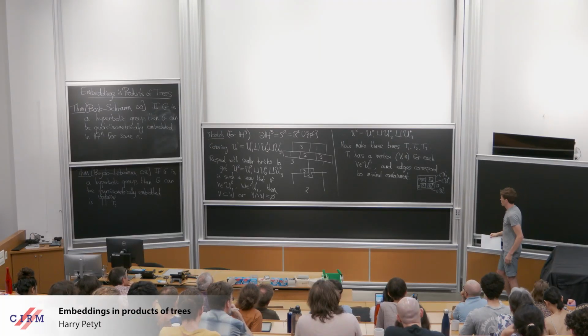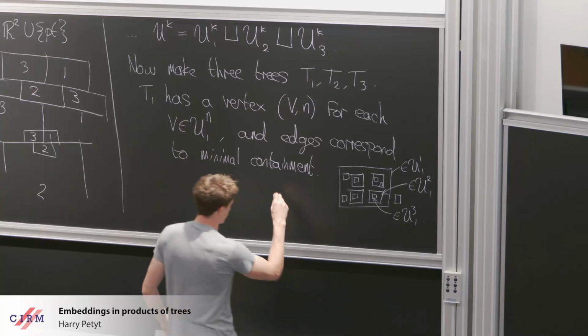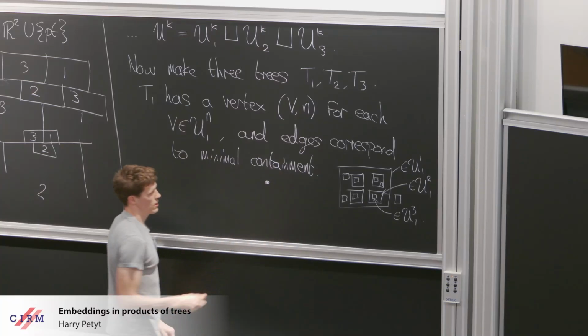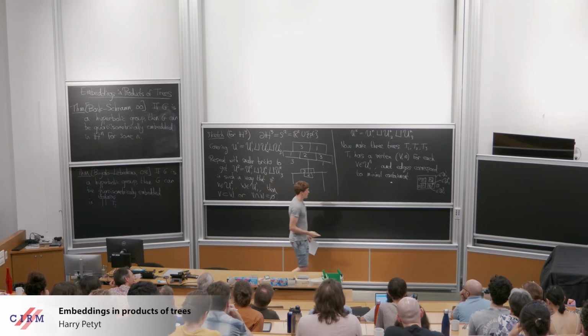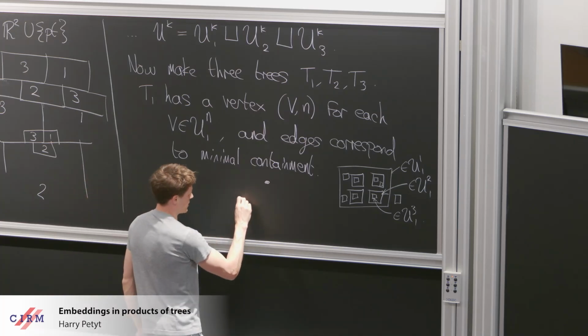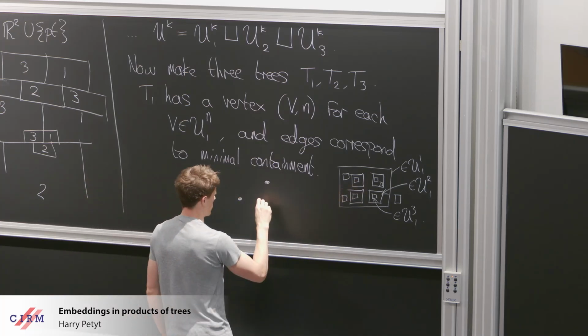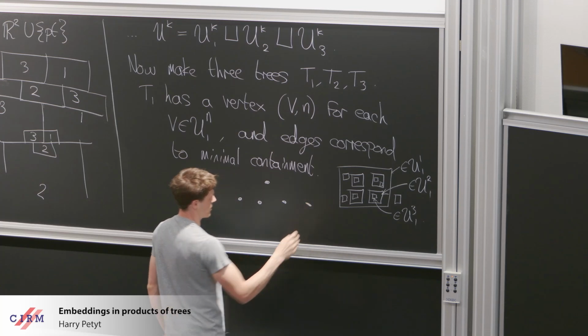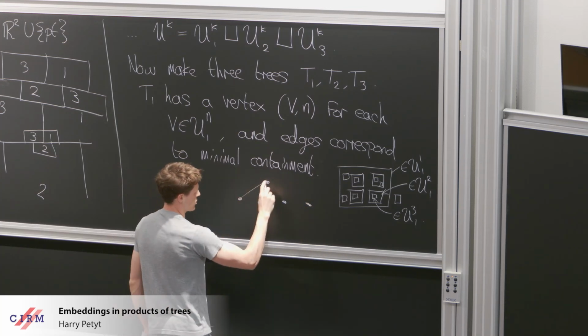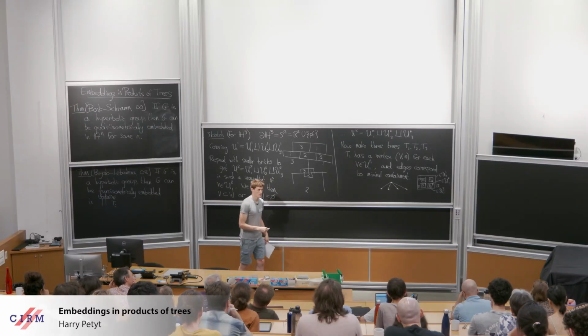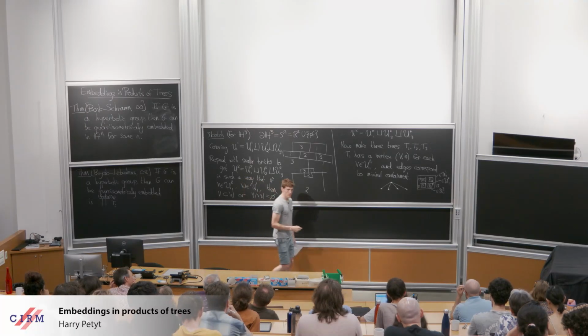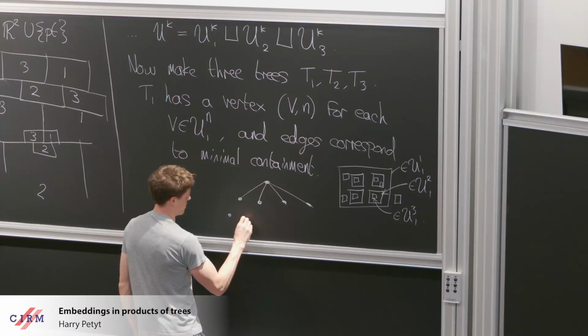So in my rooted tree, I'll have the root, which I'm going to think of as corresponding to the entire boundary. Then I've got some level 1 vertices. In here I've drawn 4 of them. Okay? They're all attached to the root, because I'm thinking of the root as the entire boundary. Now I've got some level 2 vertices.